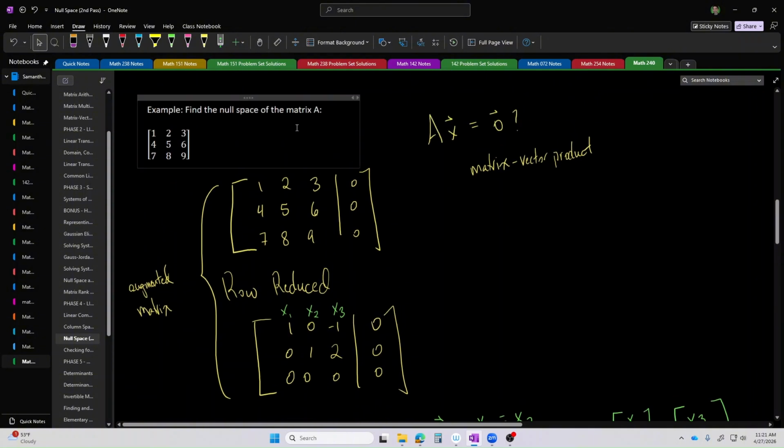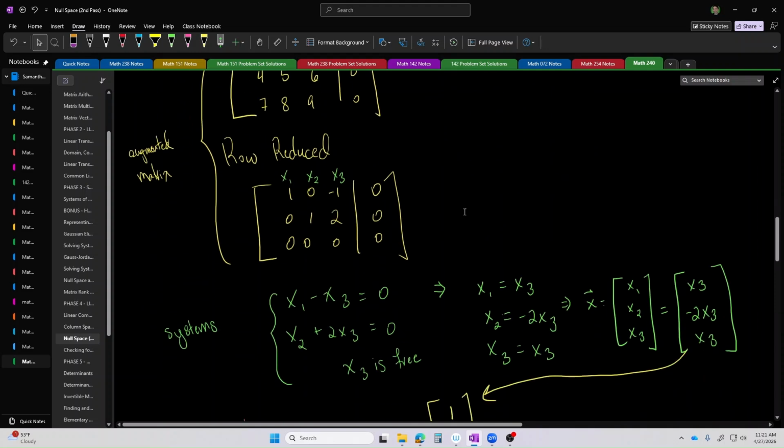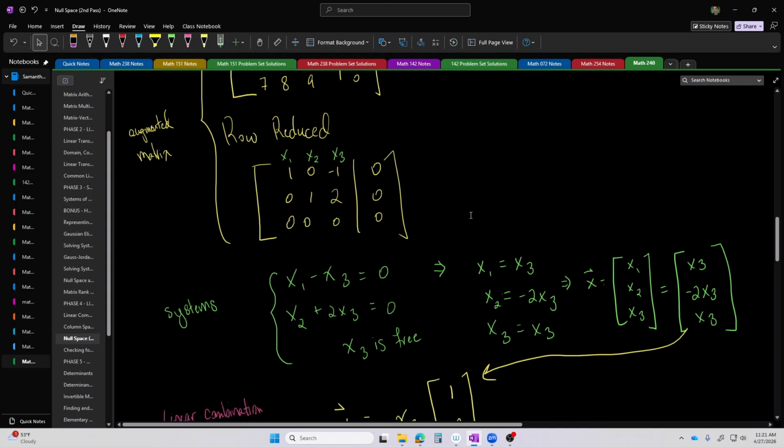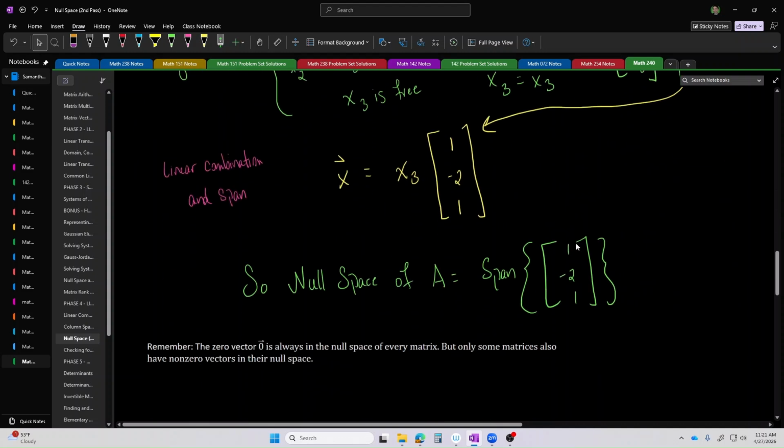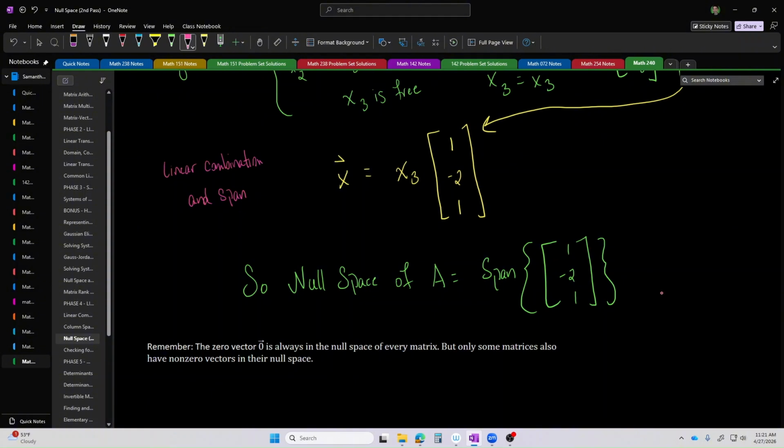In this case, we have the matrix A, and we were studying its null space. When we looked at all of the vectors in the domain which became 0, those vectors had the format of some number times this single vector, 1, negative 2, 1. So our null space was spanned by a single vector, so the null space is one-dimensional, as predicted.